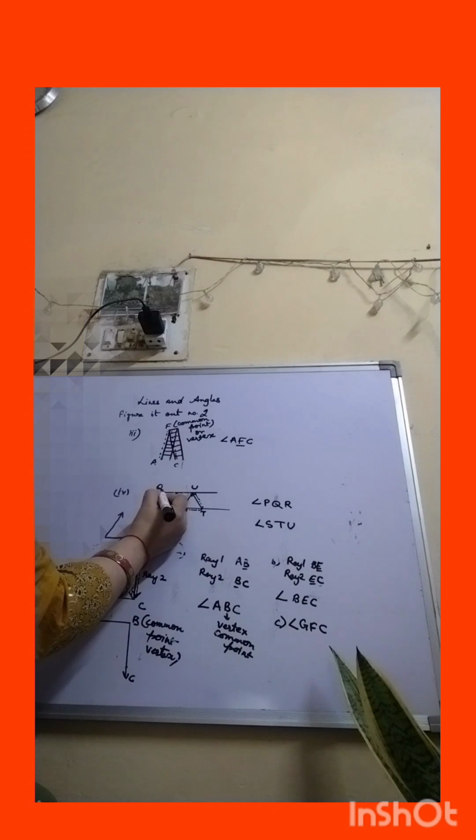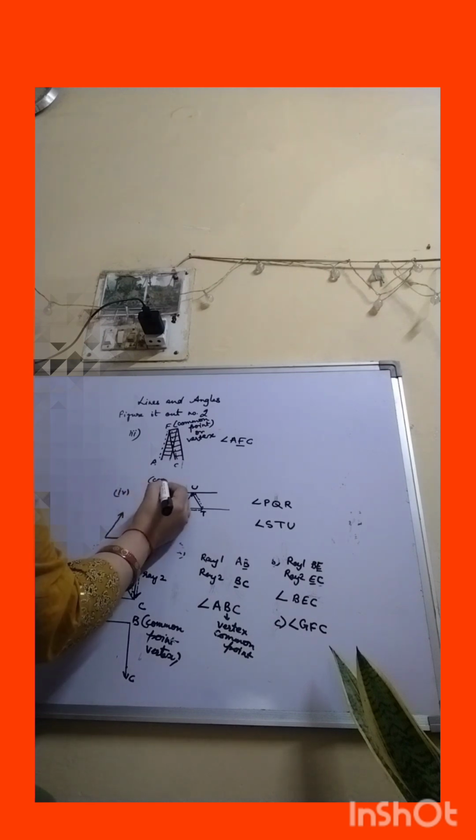So basically, whenever you are asked to name an angle, you have to look for the rays which are coming from the common point. Here the common point I had taken was Q. Now QP is one ray and QR is another ray. So Q is the vertex, QP is one ray and QR is another ray.